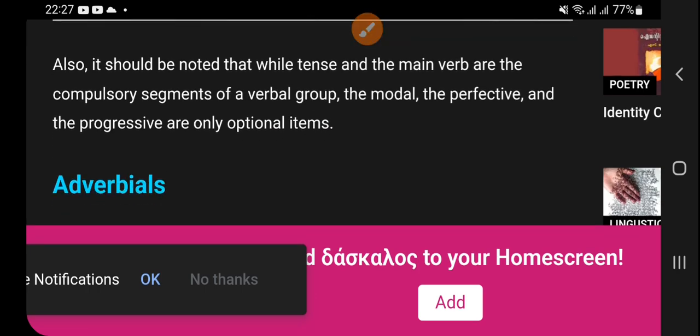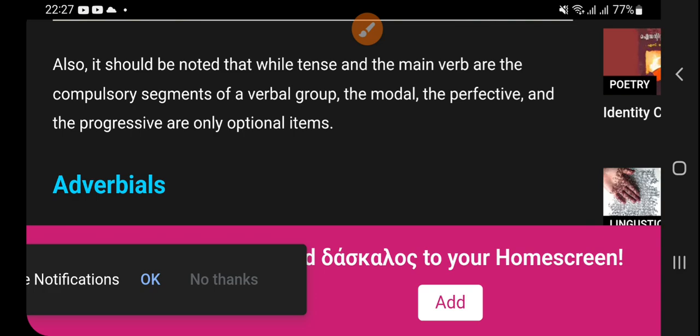Now it should be noted that while tense and the main verb are the compulsory segments of the verbal group, the modal, the perfective, and the progressive are only optional items.